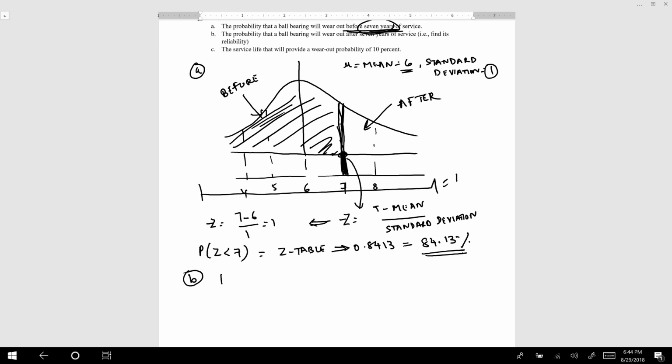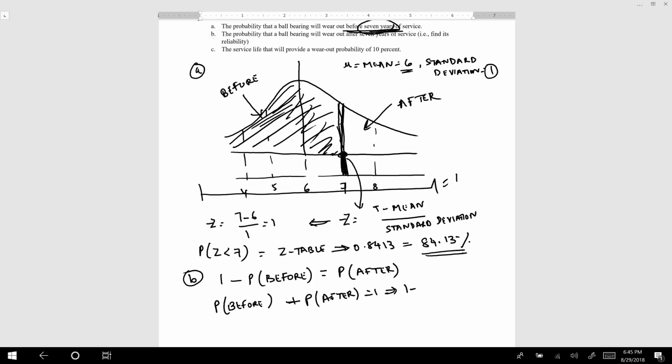So the probability before plus the probability after should be equal to 1.